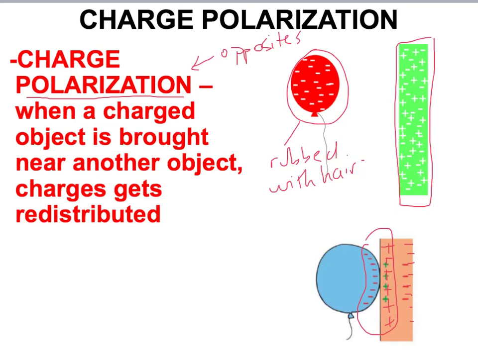This is an example of charge polarization. Charge polarization is when a charged object is brought near another object and the charges get redistributed.